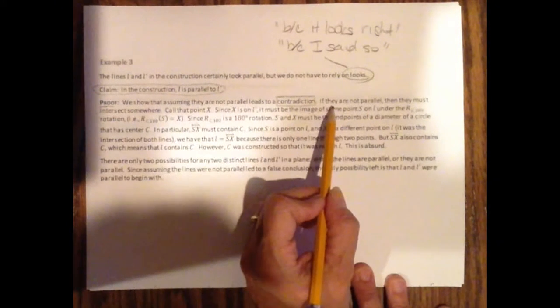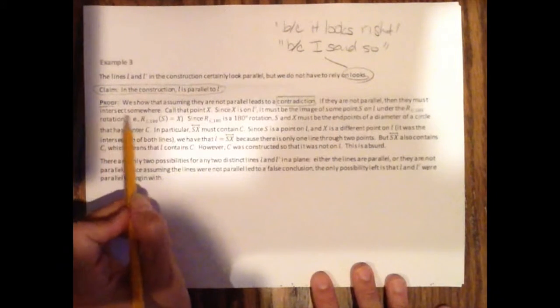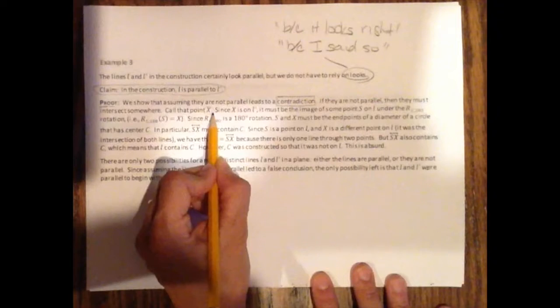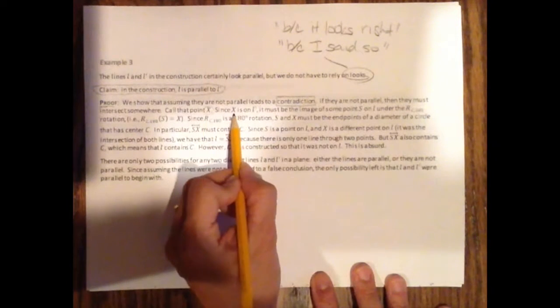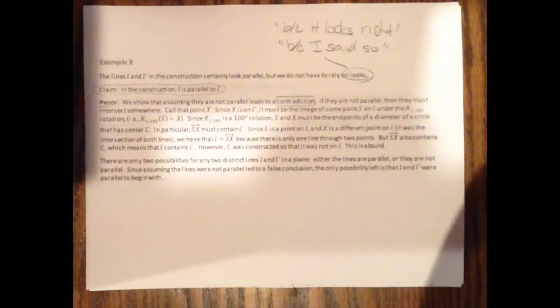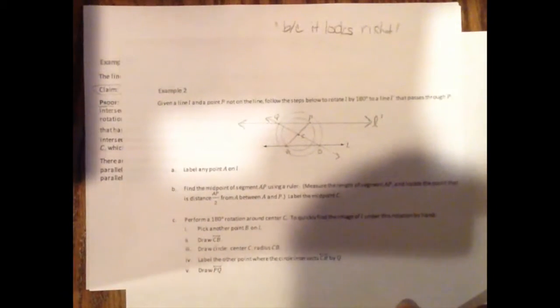If they are not parallel, then they must intersect somewhere. We call that point X. We need to find X, which is where they intersect. Since X is on L prime, let me get my drawing back out. X would be on L prime somewhere, because that's where they intersect.